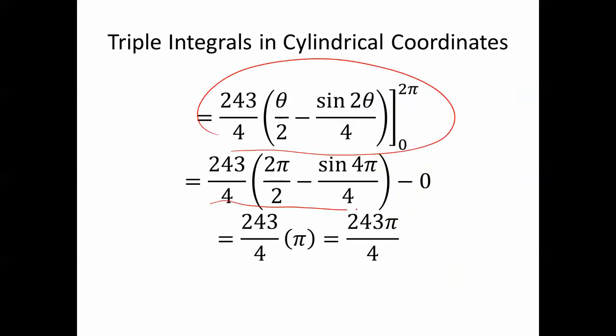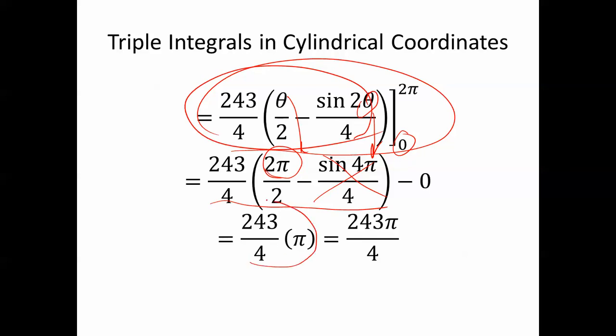Plug in 2 pi for theta, we get 2 times 2 pi, which is 4 pi. But sine of 4 pi over 4 is just going to be 0. And of course, when we plug in 0, all of this is just 0. So we end up with 243 over 4 times 2 pi over 2, which is just pi, or in other words, 243 pi over 4.